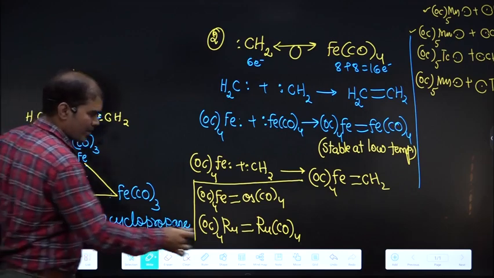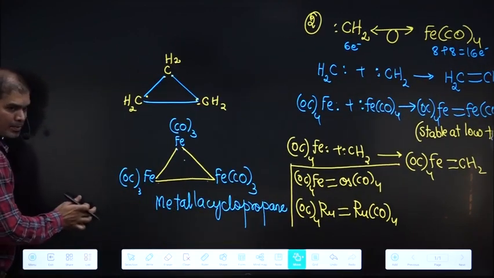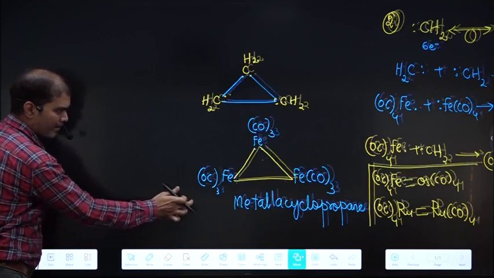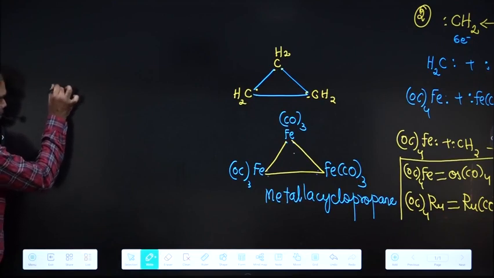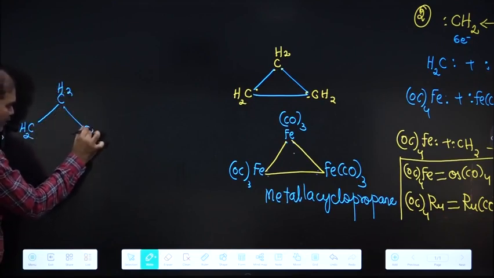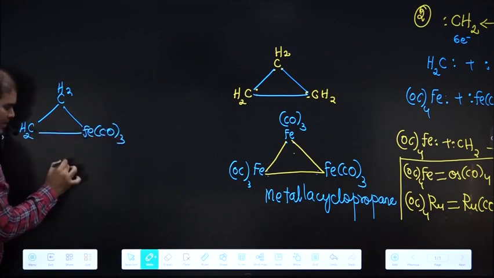Next, Fe(CO)3 is isolobal with a CH2. So in the place of a CH2, can I write Fe(CO)3? Yes or no? In the place of a CH2, I can write Fe(CO)3. So this can be one structure.